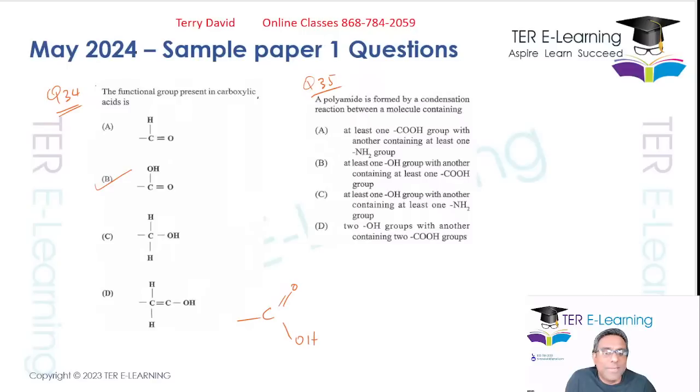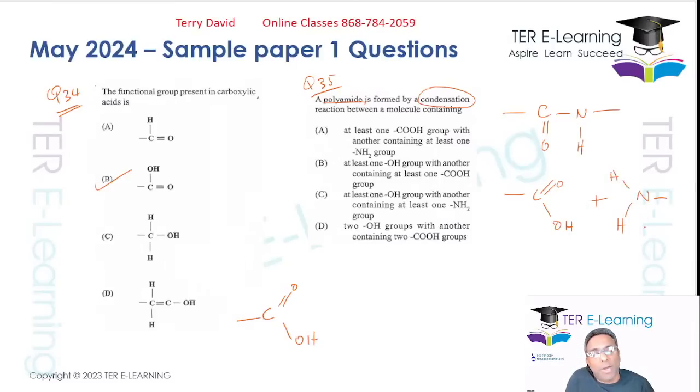A lot of people tell me the answer is A. They said it's a condensation polymerization, and it's a polyamide. So when it comes to a polyamide, the amide linkage is going to be present. You all need to know what this is. This is what the amide linkage looks like. If you want to form an amide linkage, you need to have an acid group, and you also need the amine group, which is this.